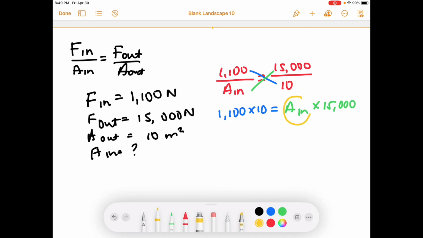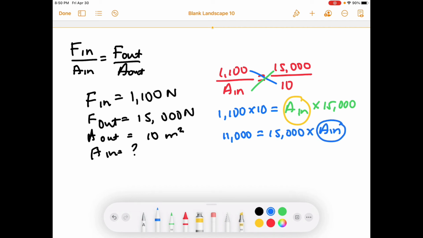Now we have to get An by itself. So how do we do that? First, we're going to simplify on the left side. 1,100 times 10 is 11,000, which equals 15,000 times An.